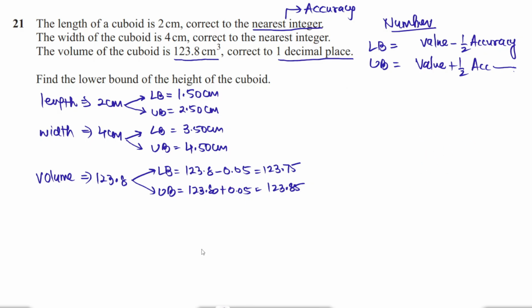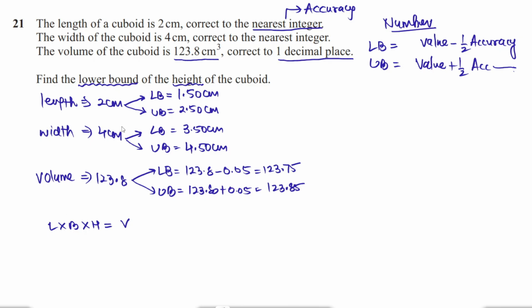Now what we are looking for exactly, find the lower bound of the height. So what is the formula here? Volume equals length into breadth into height, and what we can use, it is considered as volume. What values we have? We do not have any height here. So we have length, breadth and height.